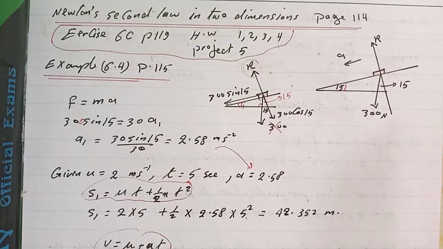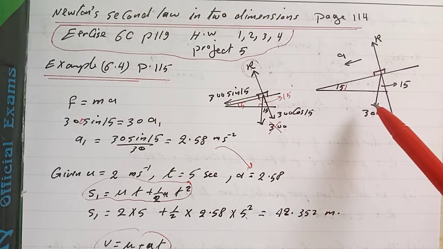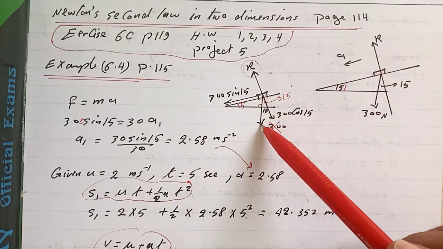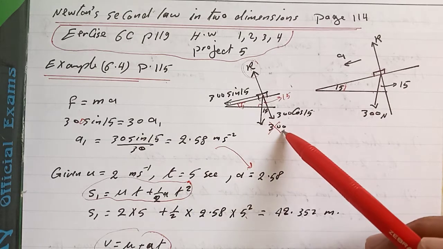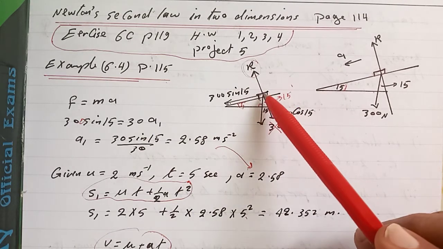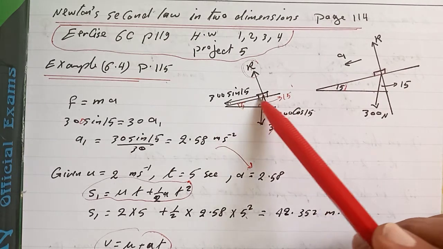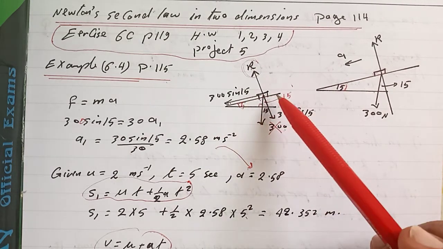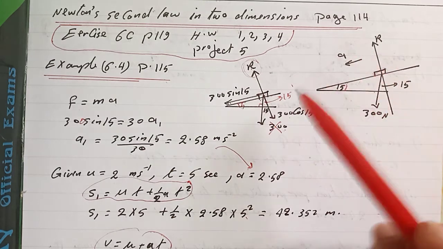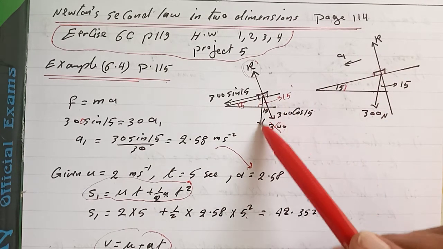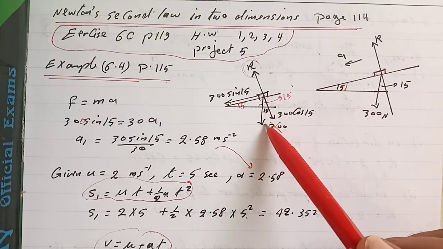So we'll start by saying that we need to see the forces acting on the sledge. It is the force of the weight, which is 300, and the reaction force, which is perpendicular to the slope. Okay, the weight force can be resolved into 2 forces.